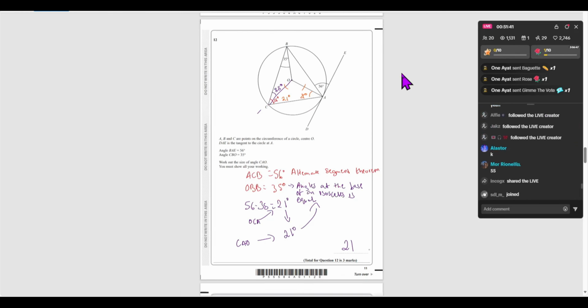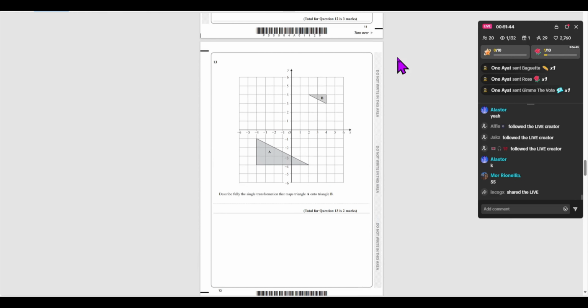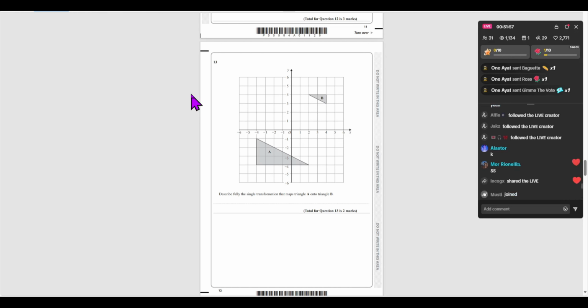So let's move on to question number 13. Describe fully the single transformation that maps triangle A to triangle B. What would that transformation be?